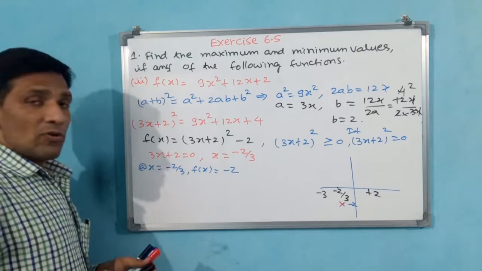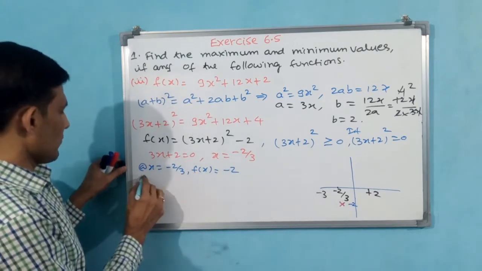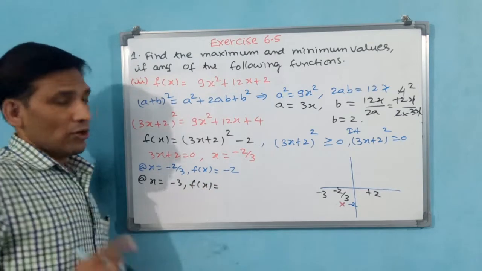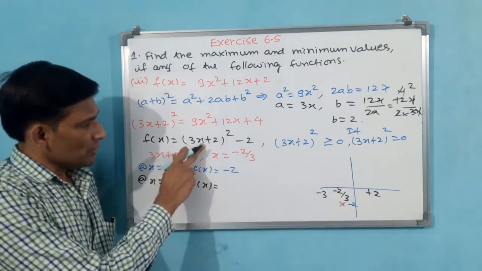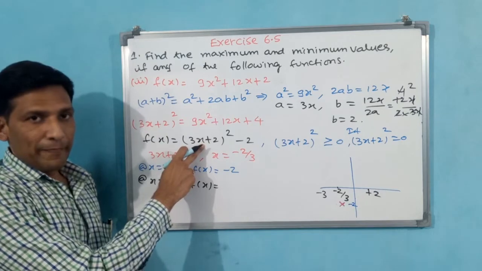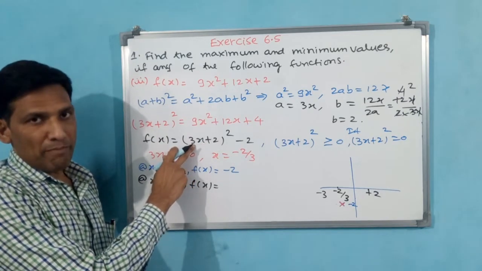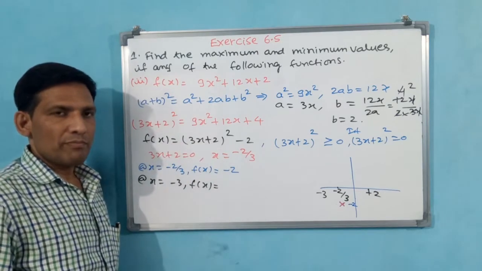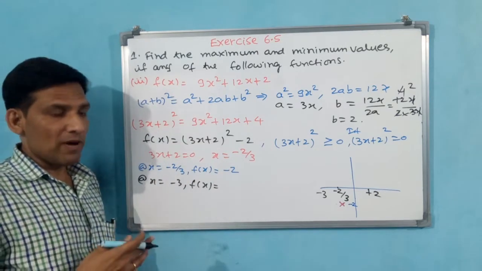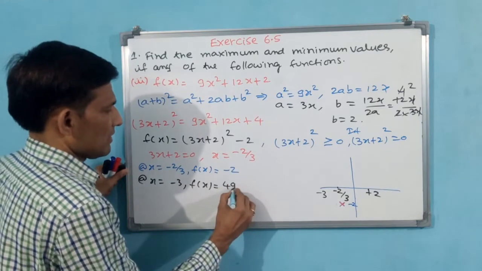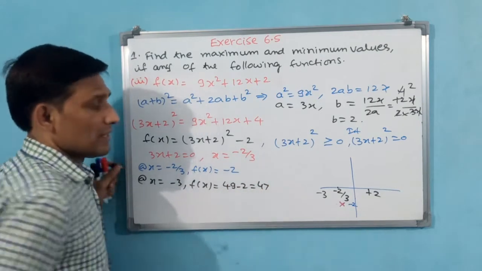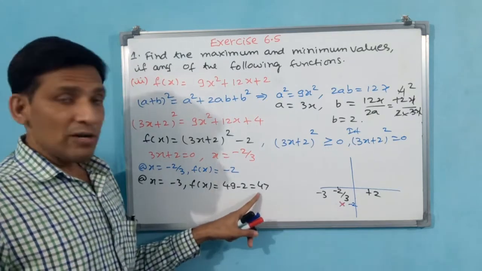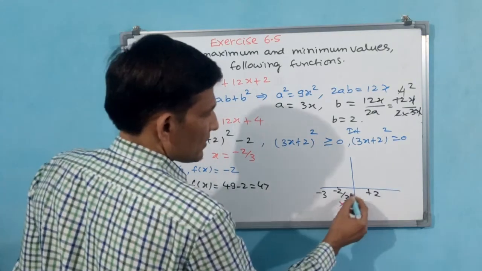Okay. Now at x is equal to minus 3, f of x is equal to, you see minus 3 into 3, minus 9. Minus 9 plus 2, minus 7. Minus 7 square, 49. Minus 2, that is equal to 47. That means at x is equal to minus 3, y value is 47, positive side.